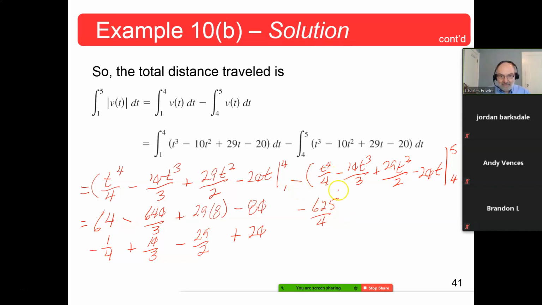And then a minus will be a plus 125 times 10 would be 1250 over 3, minus, because of the minus out here, 29 times 25, I'm not going to do that one in my head right now, over 2, plus 100.